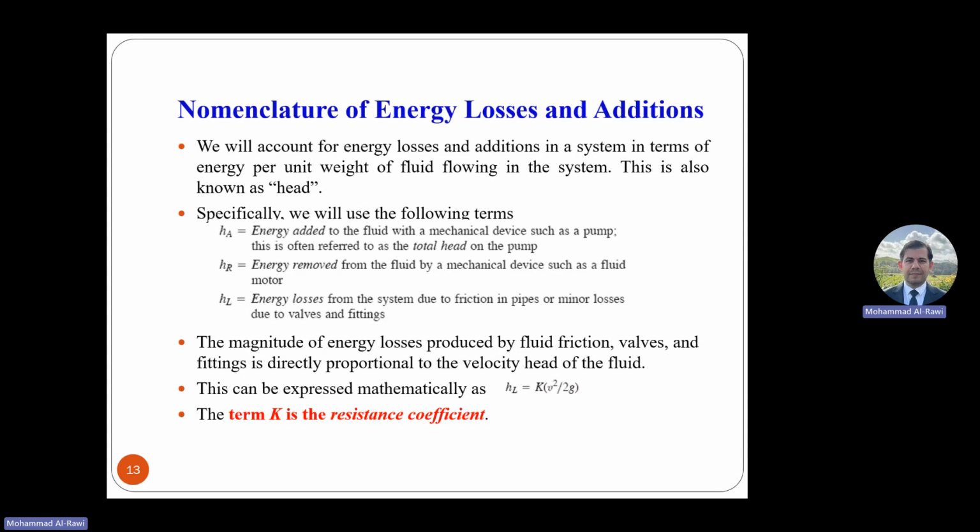And the energy loss from the system is due to friction in pipes and minor losses due to valves and fittings. So HL is the total energy loss from the system. HL for minor losses needs to be calculated using K, the resistance coefficient, multiplied by V squared over 2g, and it's recommended to do that for each section and discharge line separately.